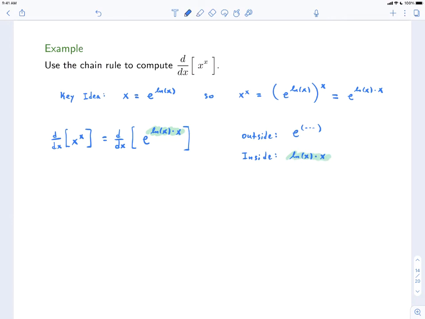So the derivative of e to the something is e to that thing again, times the derivative of whatever was in that exponent. So we just put ln of x times x right there. So this is going to equal e to the ln of x times x, times the derivative with respect to x of a product, which is ln of x times x.